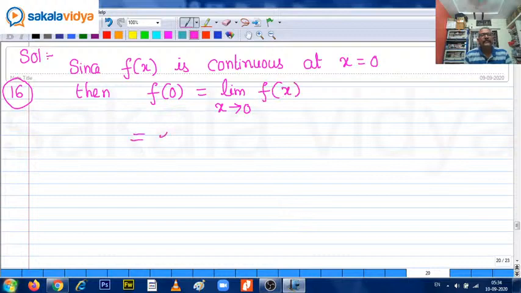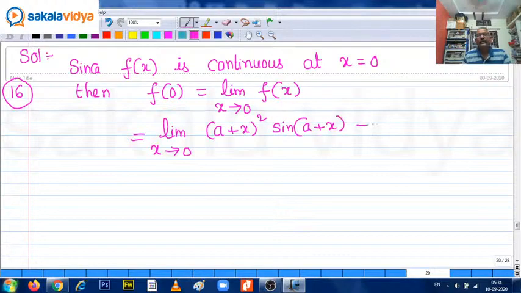So this equals limit x tends to 0 of a plus x whole square sine of a plus x minus a square sin a upon x.